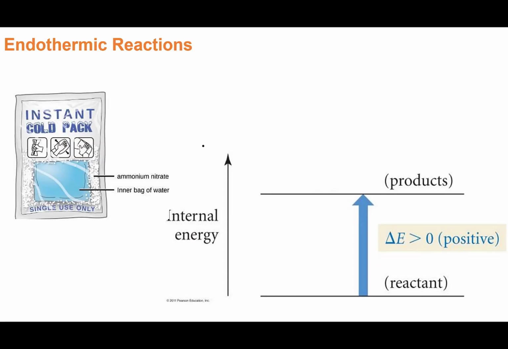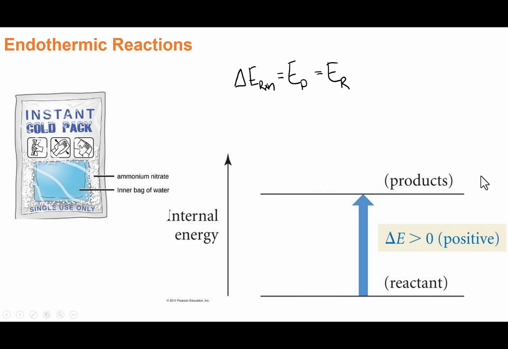Let's look at another example. For this example, we're going to do the same thing. We've got our energy diagram here. Something at the bottom is low in energy, something at the top is high in energy. And again, we want to know what is the energy change for the reaction. So we're going to look at final minus initial, or products minus reactants.